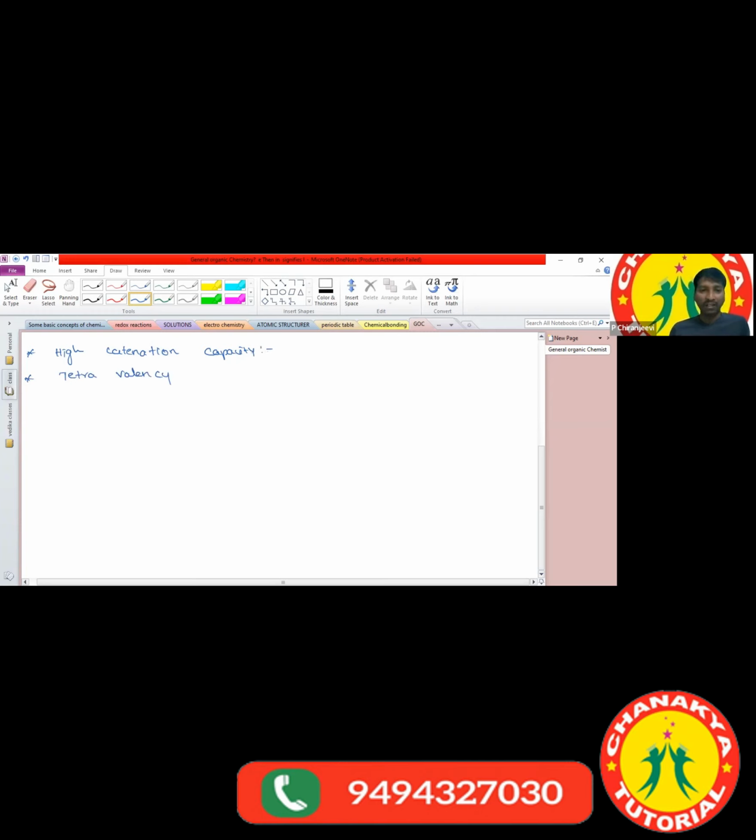What is meant by the high catenation capacity? Catenation capacity is nothing but the ability to form longest chains and cyclic rings.